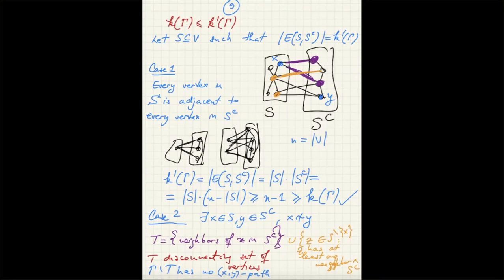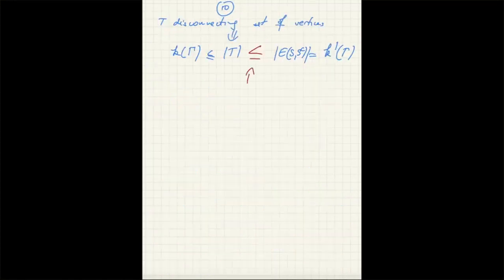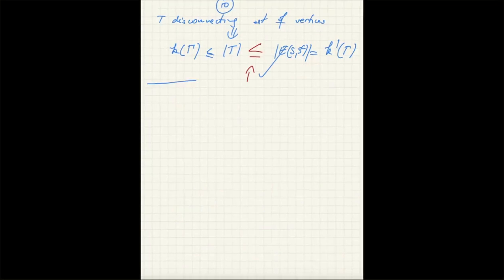And here I can pick one of the neighbors of the golden vertex and make an edge over there. So that's how you prove that the cardinality of T is at most this number of edges, and that proves the result.